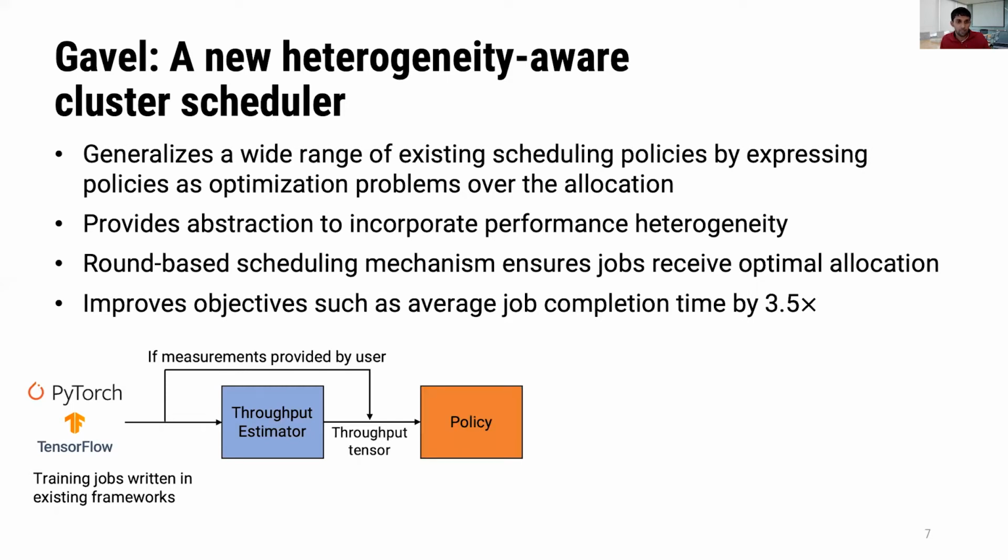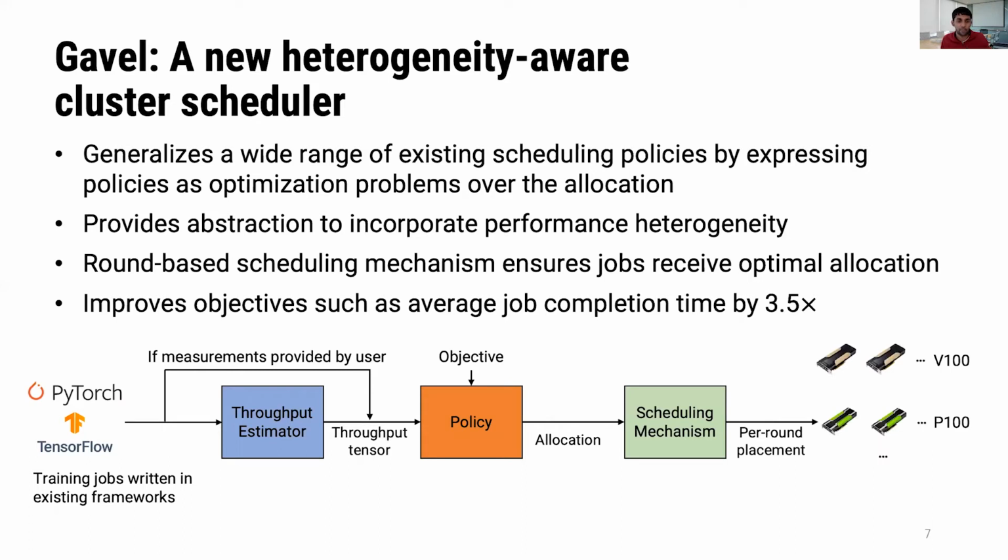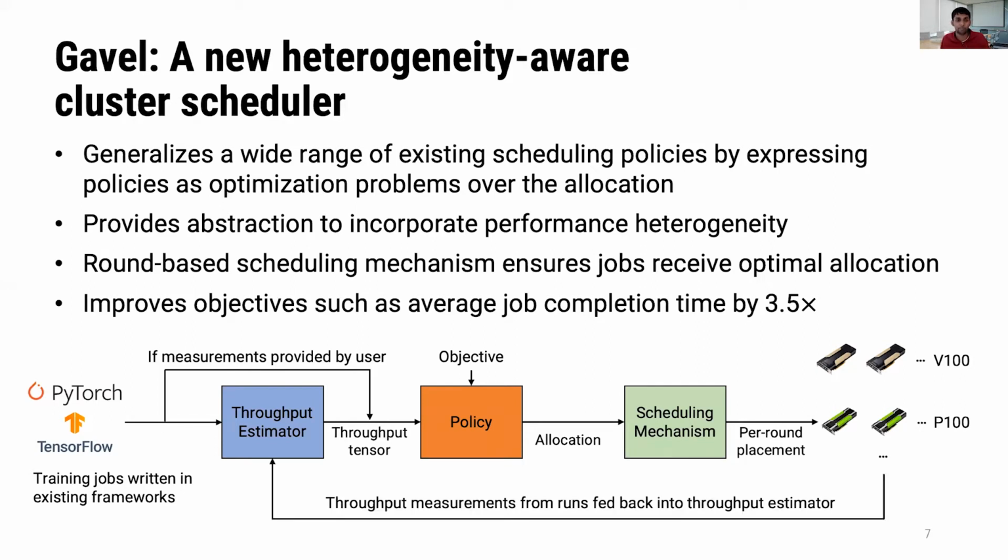Given these throughputs, as well as the target objective, Gavel generates allocations for each running job. Allocations in Gavel specify the fraction of time each job should receive on different resource types. And given this allocation, Gavel's scheduling mechanism then actually makes scheduling decisions where it decides what resources each job should receive at any instant in time.